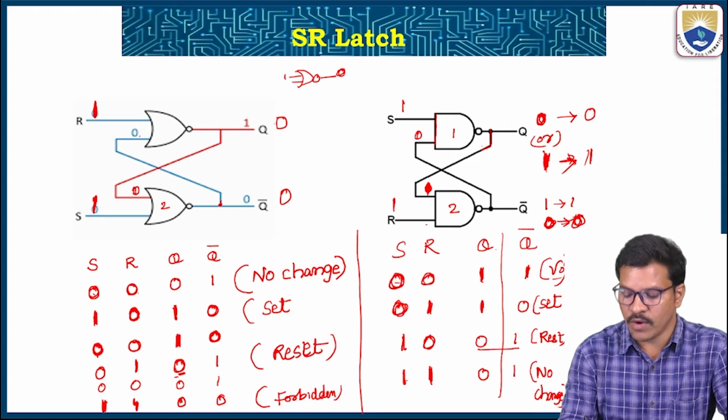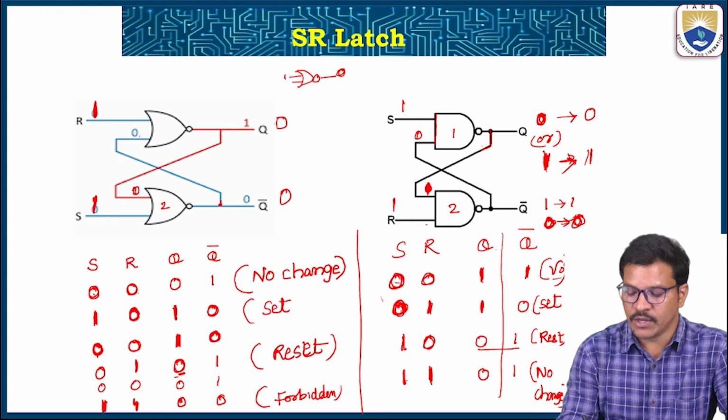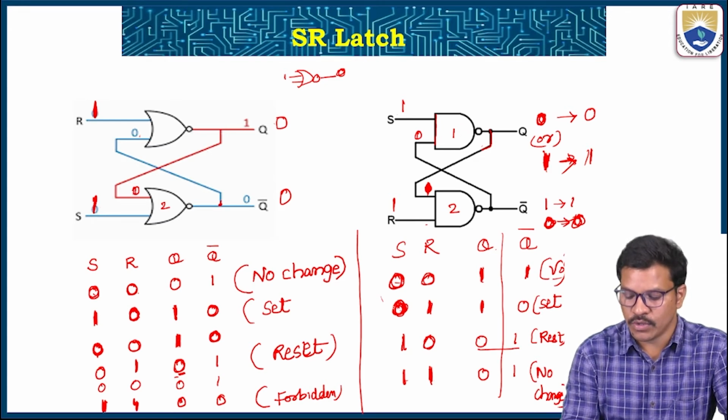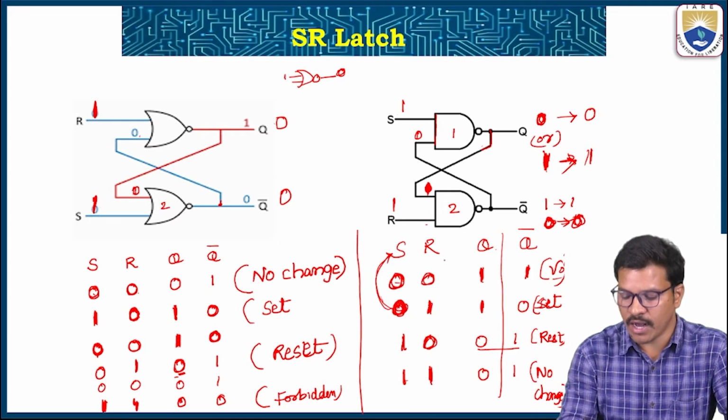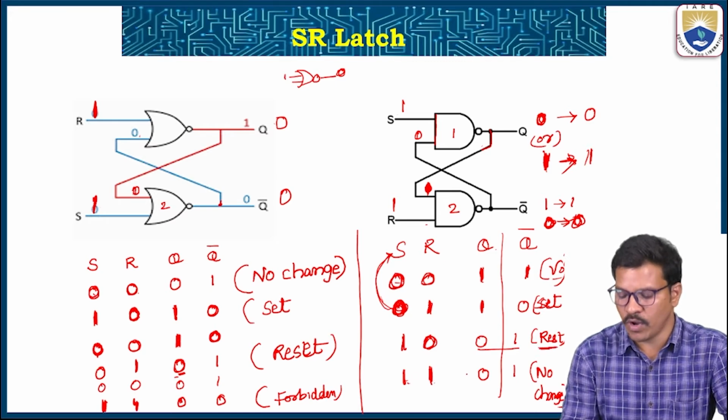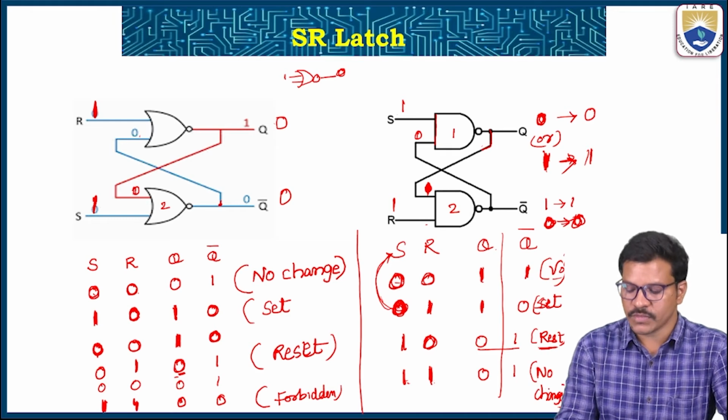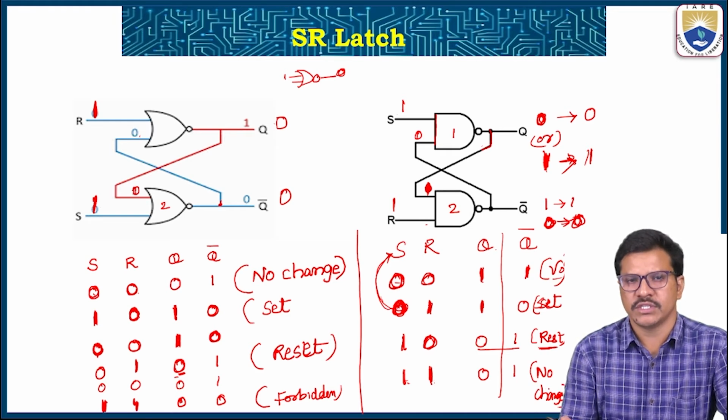For 0, 1, the logic 0 is the enabled input for the NAND gate, so 0 is what makes the enable. So in the NAND latch, wherever 0 under S and 1 under R, that will make the set, and 1 under S and 0 under R, we can make the reset. 1, 1, no change. So no change, set, reset, violation.